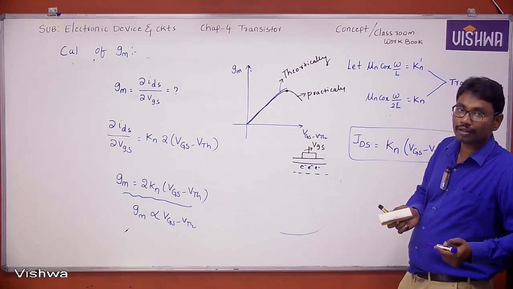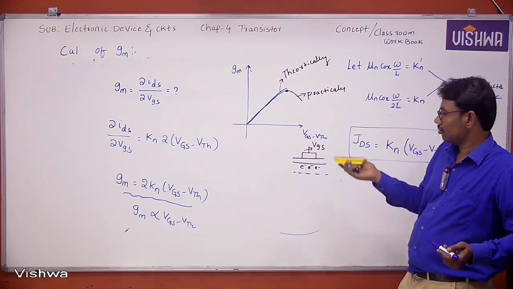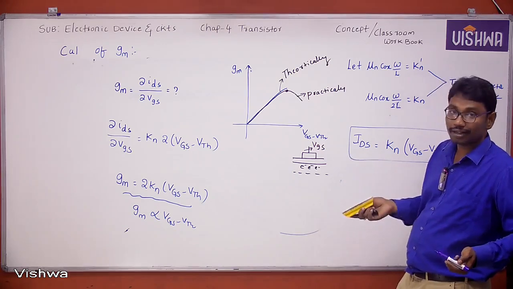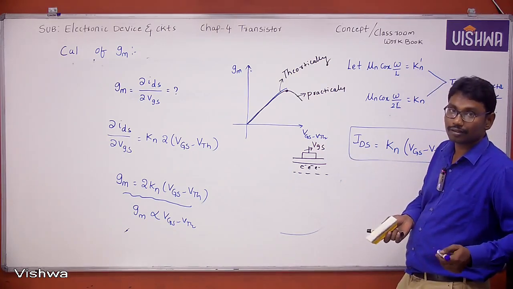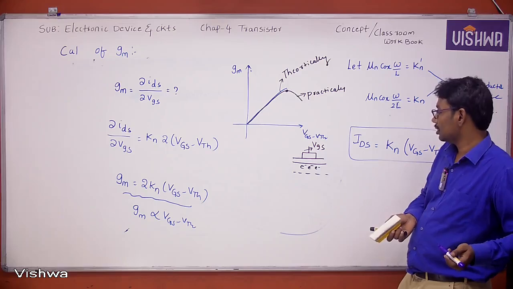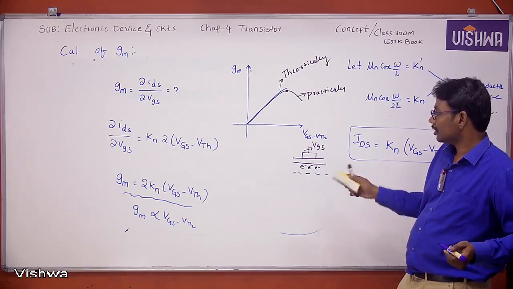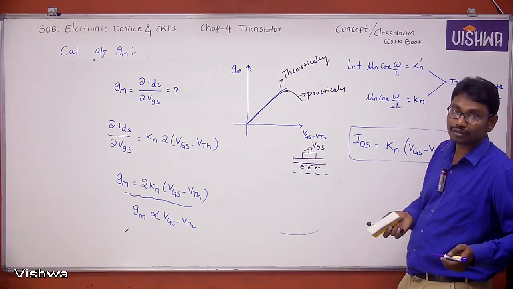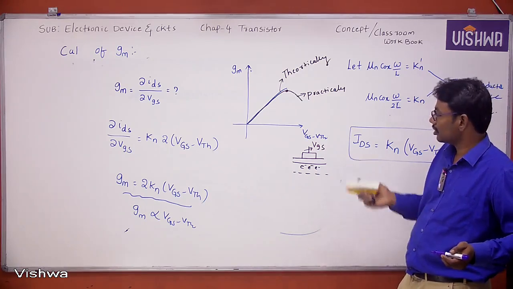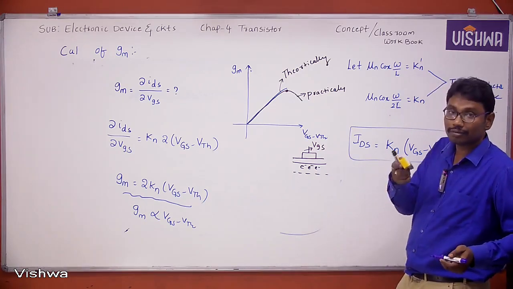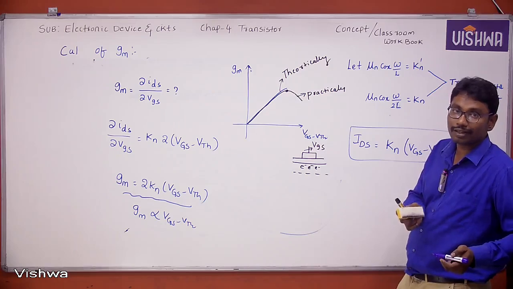In the channel, electrons are the majority charge carriers. If you consider a p channel, then it is holes. But here I am considering an n channel, so I am telling in brackets electrons.